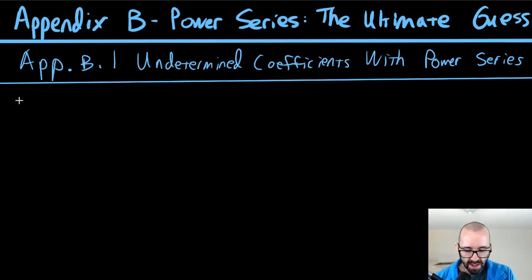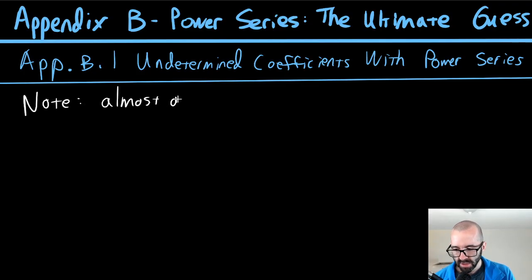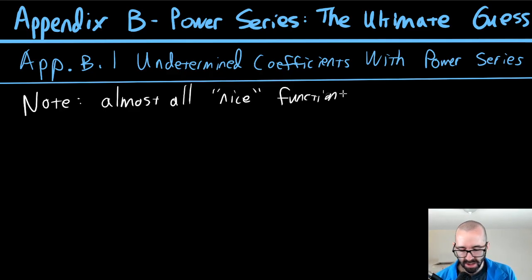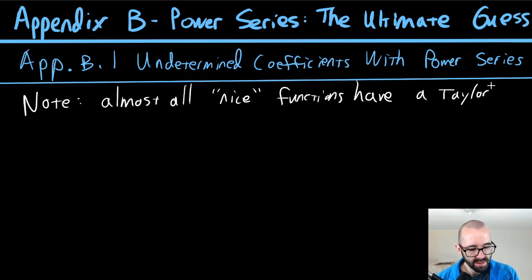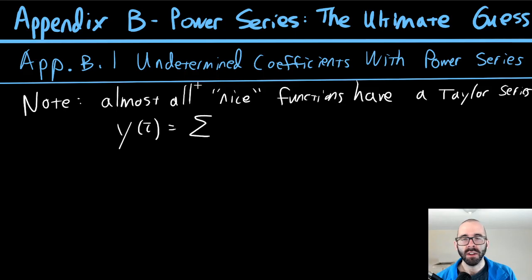And something that Calc 3 tells us is that almost all nice functions have a Taylor series. And what that means is that we can write those functions as an infinite sum, essentially an infinite order polynomial.